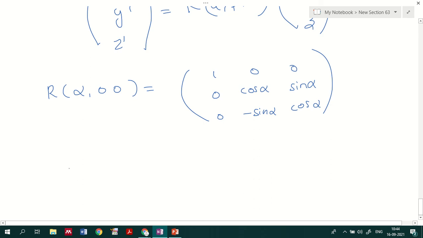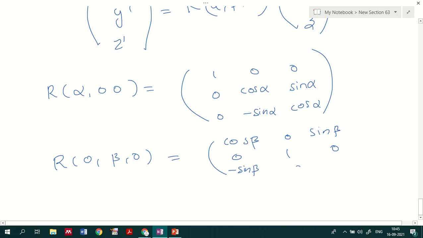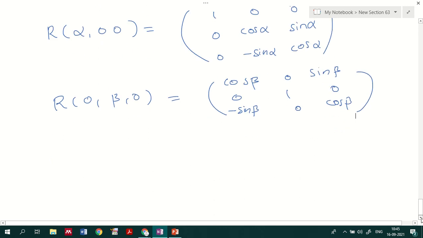Similarly you can also find R(0, beta, 0). In this case we have cos beta 0 sin beta, 0 1 0, minus sin beta 0 cos beta, where beta, gamma and alpha are the 3 angles.